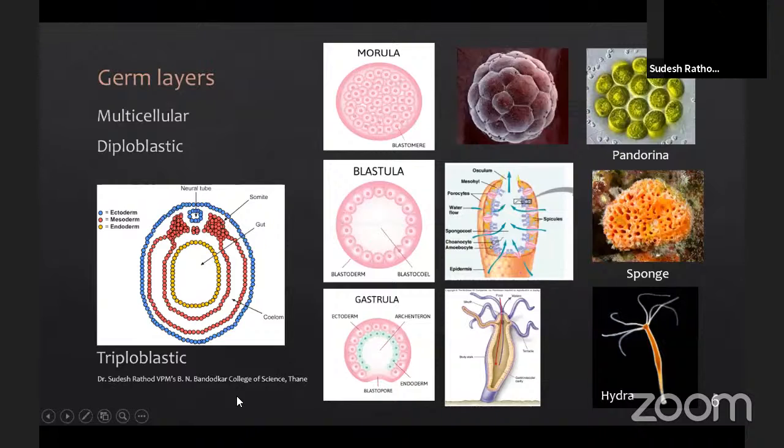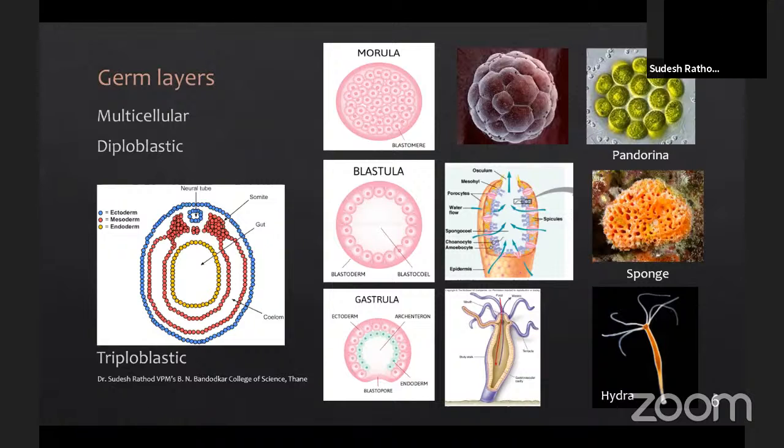Now, this is the slide of coelom, multicellular organism. Sorry, I can't see. Yeah, germ layers. Okay. Now, germ layer means what? This is a case of multicellular organisms.